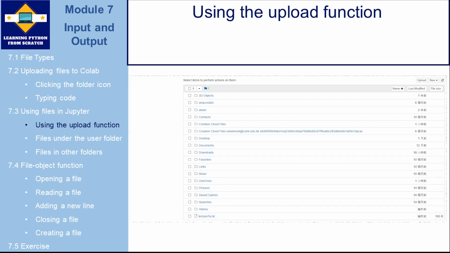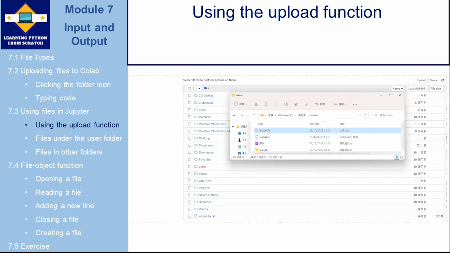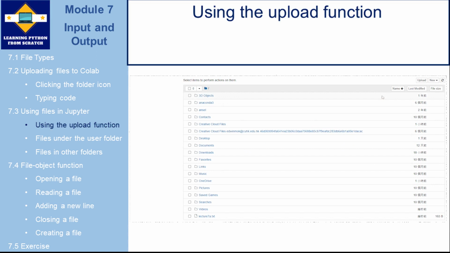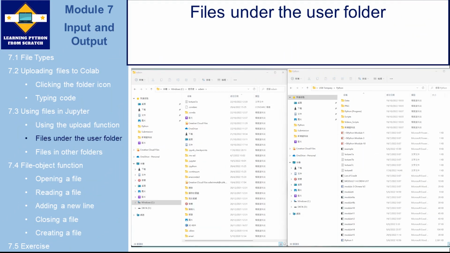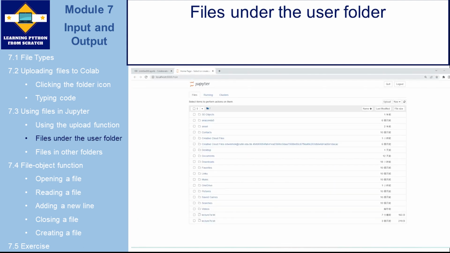The file is actually saved to your local computer on the same path as your notebook file, which is the username folder by default. You can also put your file into the folder of your notebook file, for example, into Users and your username. In this case, you can still directly use the file in the program without typing its path.